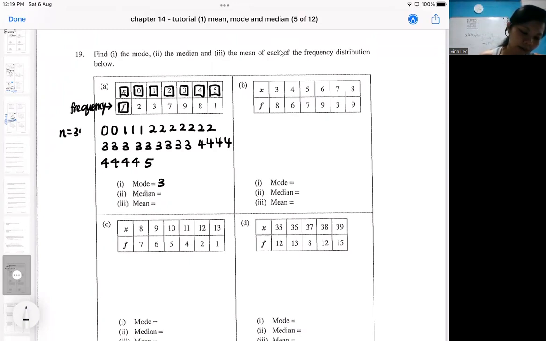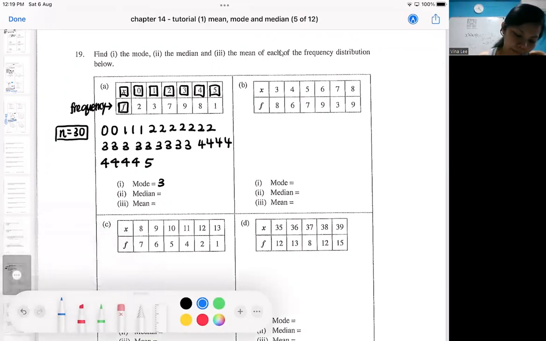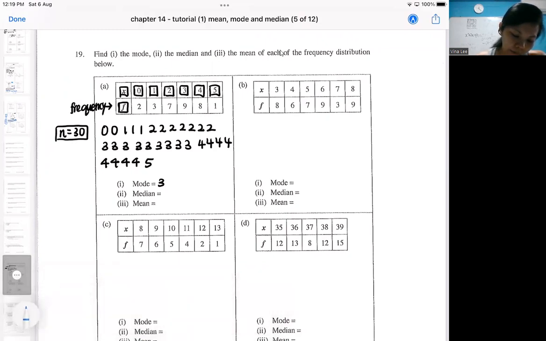So there are 30 guys here. So you got to go to the 15th and 16th. So 15 is here. 16 is here. So that's the median.